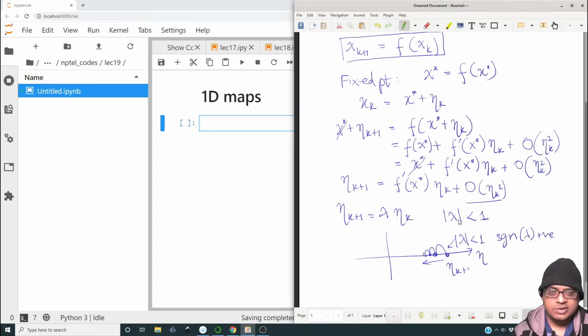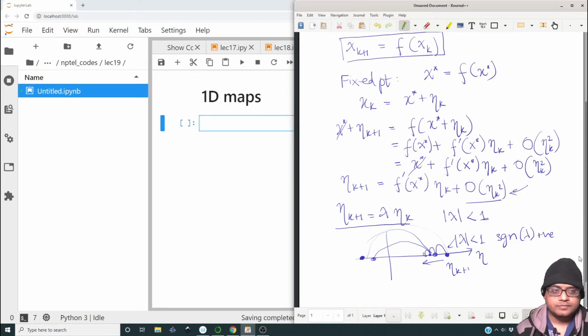If the sign of lambda is negative and the magnitude remains less than 1, then this point will be mapped onto this point over here, which will then be mapped onto this point, then onto this point. Because of the flipping of sign, for each iterate you will have an oscillatory convergence. If lambda is equal to 1, then quite obviously eta k plus 1 will be equal to eta k, and then you have to resort to analyzing the higher orders that you have neglected over here.